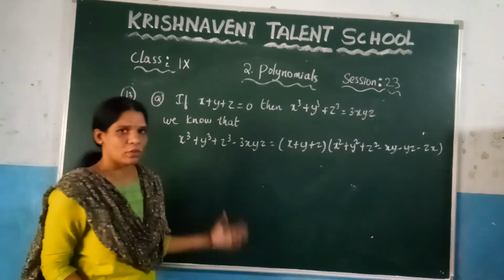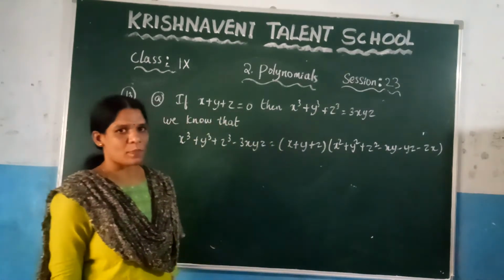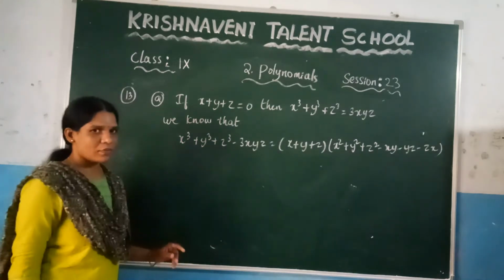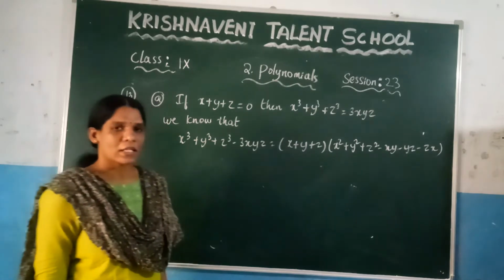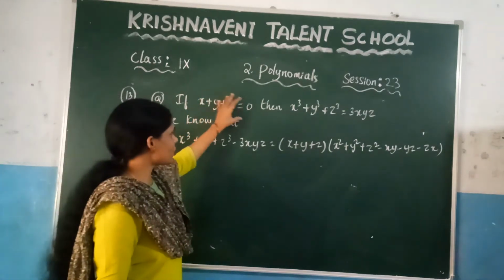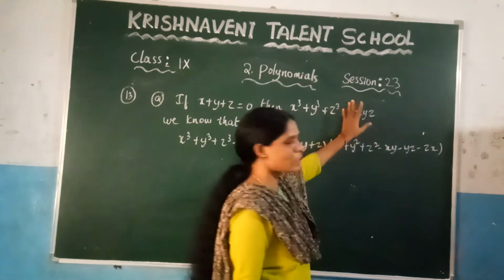This identity we know here. And what is given, just apply in this formula. They have given that x plus y plus z is equal to 0. That means if x plus y plus z is equal to 0, they are asking what is the value of x cube plus y cube plus z cube.